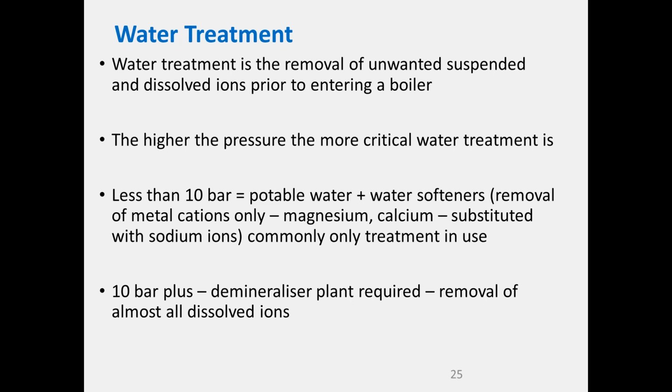You should have probably less than 0.3 NTUs of turbidity in there. And normally it'll go through a water softener. What a water softener does is it removes the metal cations only. So it takes out magnesium and calcium and substitutes those with sodium ions. And that's commonly for, say, a fire tube boiler at a Fonterra plant, or maybe at a small industrial plant.